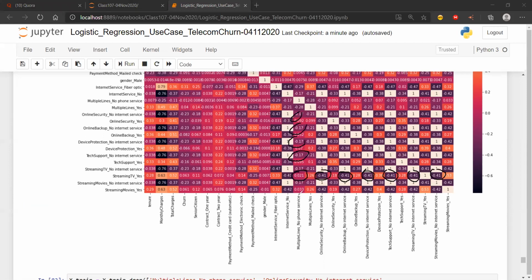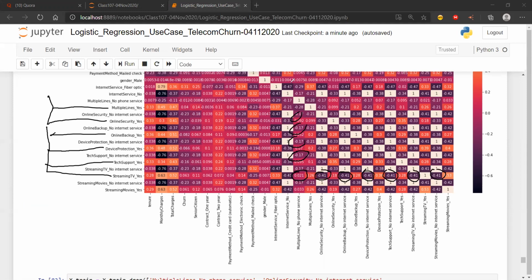So what I did is I just took one set. I could have taken the other set also, right? I could have taken a set from here. For example, I could have taken this one, and this one, then this one, and this one.